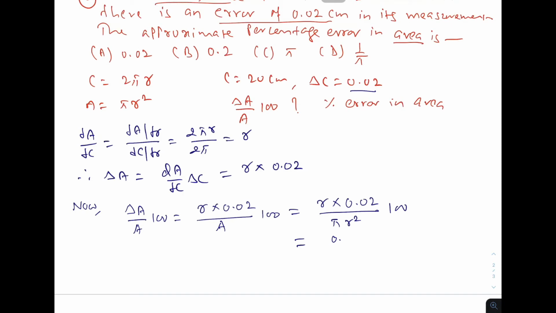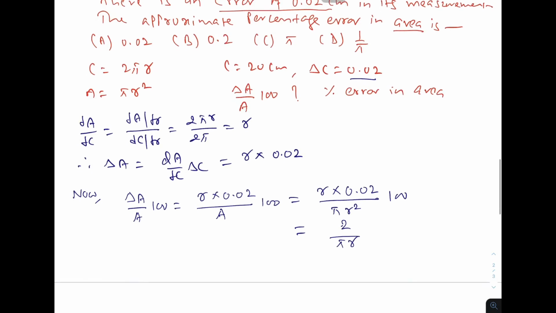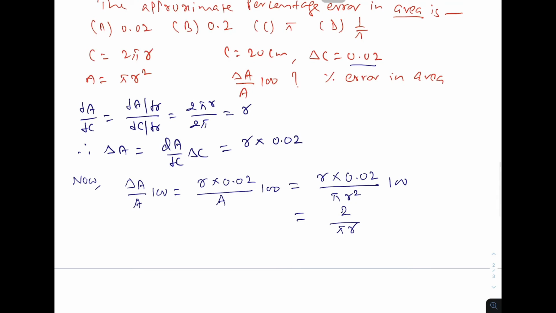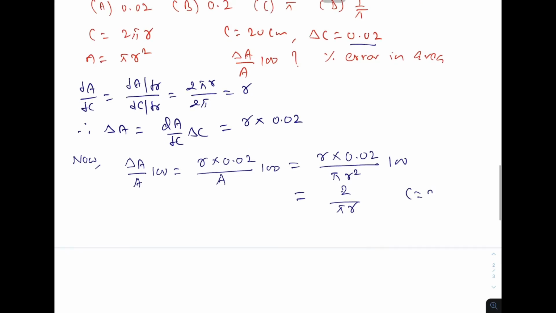Or you can say this is 0.2, okay, only 2, over pi r. Now see pi r. So what we are given, pi r is C by 2. So see here, C equal to 2 pi r.